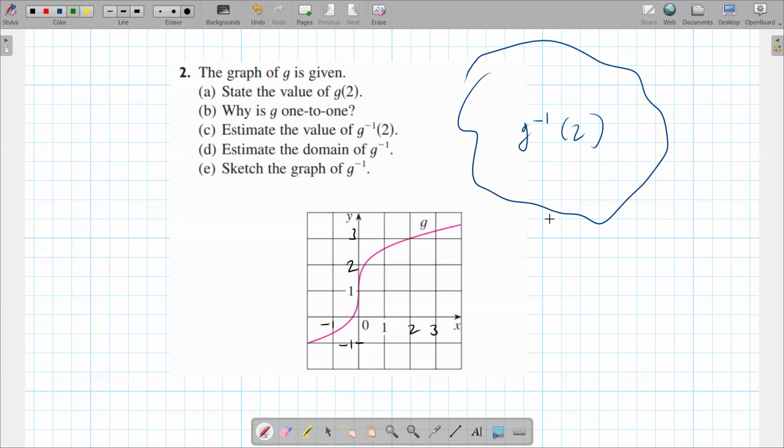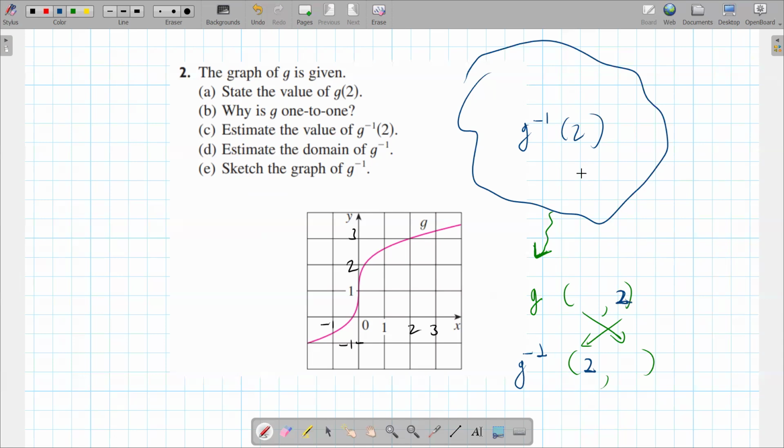So when you're finding G inverse of 2 from a graph of G, you have G, a certain point X and Y, that becomes Y and X here. So G inverse of 2, look at this. This is the X value on the inverse. That would have been the Y value on the original function G.